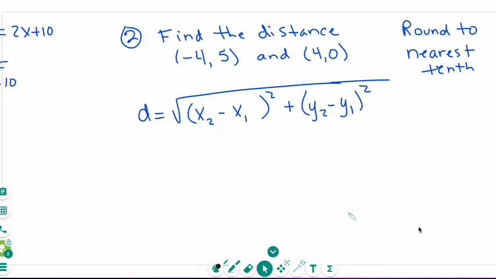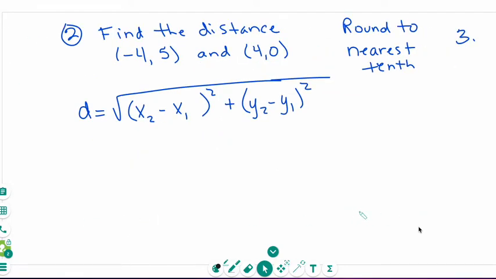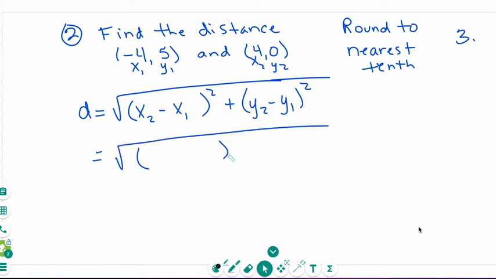Find the distance of these 2 points, round to the nearest tenth. So our formula is the square root of x2 minus x1 squared plus y2 minus y1 squared, and then we simplify. So we're going to go ahead and label first x1, y1, if I'm going for full credit, x2, y2 equals square root.